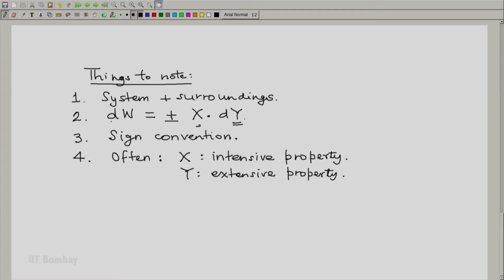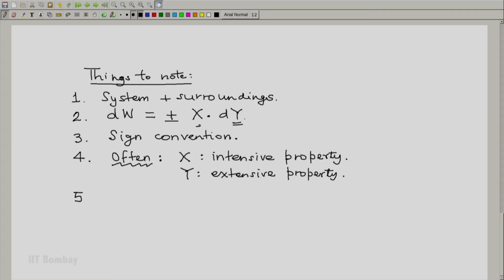So the work done is quite often, but not always, represented by some intensive property multiplied by a change or a differential of an appropriate extensive property. This happens often but not always.